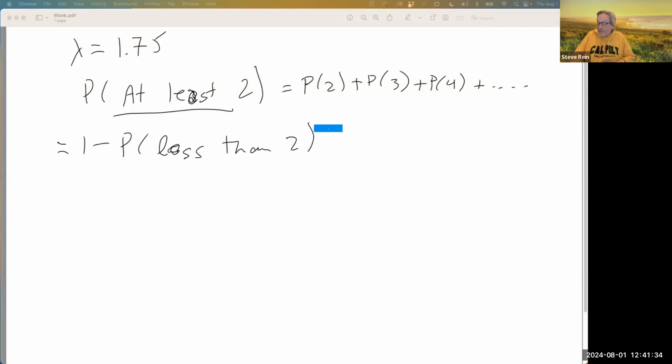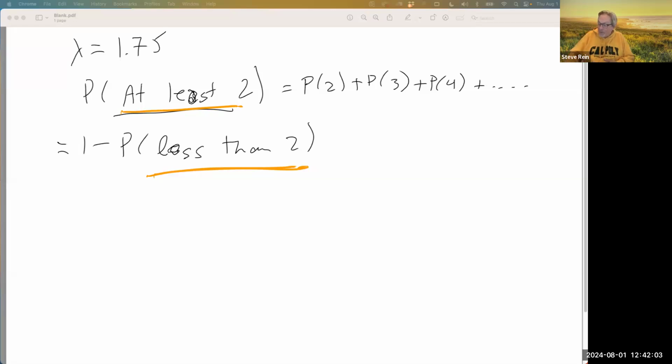And I think it's worth pointing out that at least 2 and less than 2 are logical opposites. With discrete variables, it's really important that you keep track of logical opposites to use this 1 minus approach. At least 2 means 2 or more. The opposite of that is strictly less than 2.